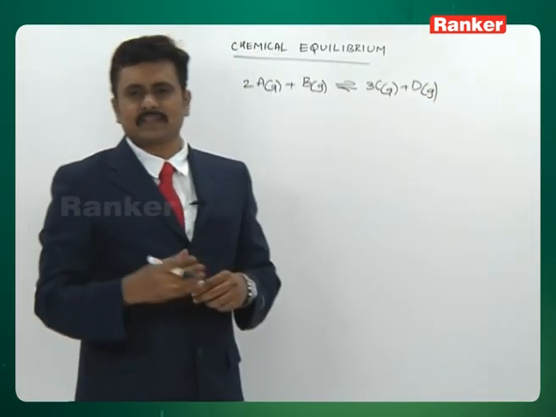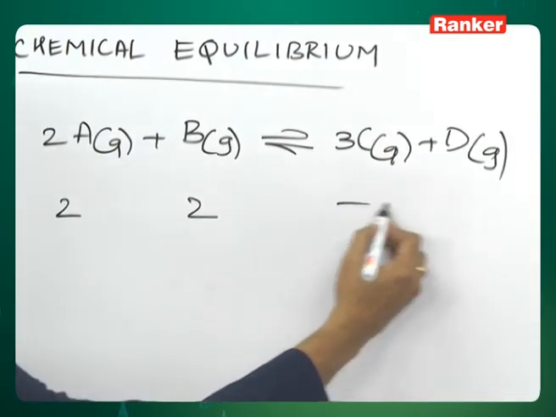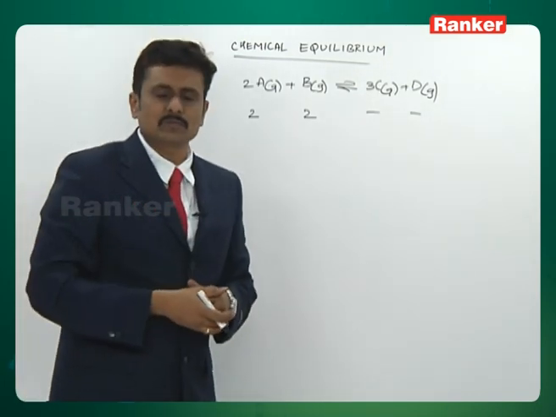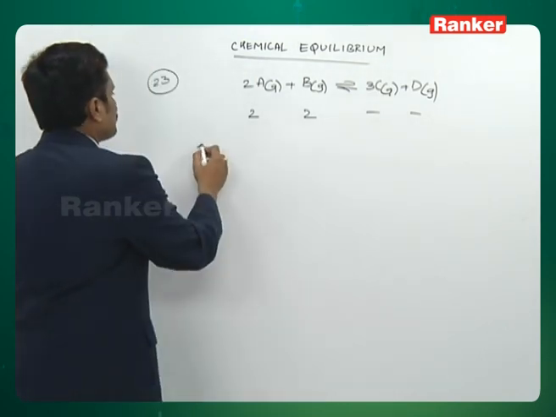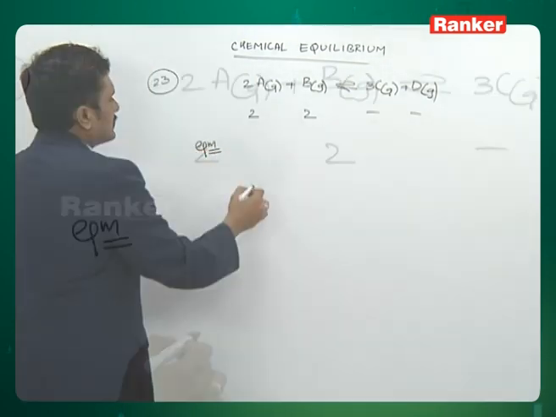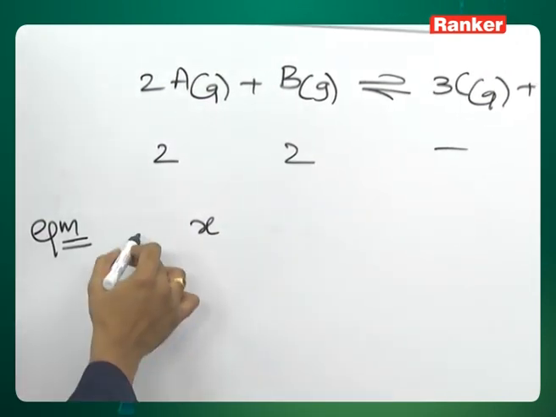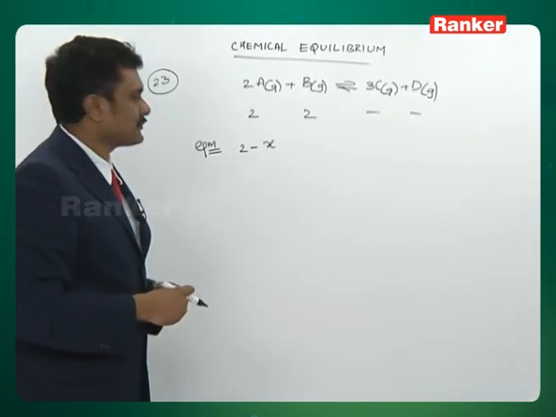Now we have taken 2 moles of each. The concentration of these two happens to be always 2 and 2 because the volume of the vessel is 1 liter. Now when the equilibrium is reached, suppose x is the moles or concentration of A that underwent the reaction, then the remaining moles of A were found to be 2 minus x.